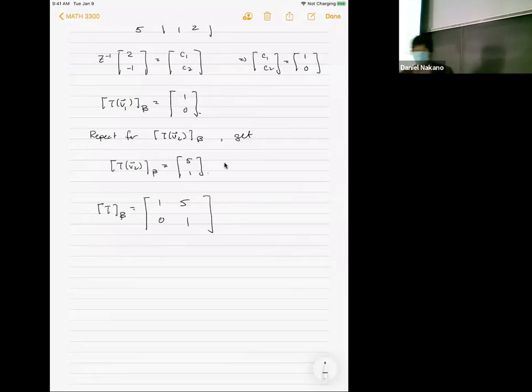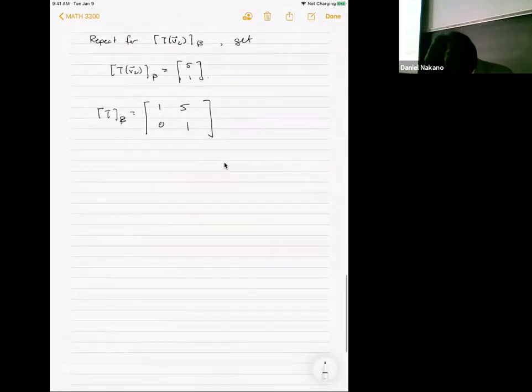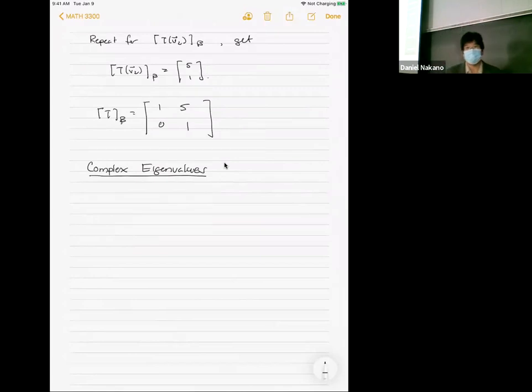Okay. Good. All right, so now we're going to move on to complex eigenvalues. I have to remind you what complex numbers are.